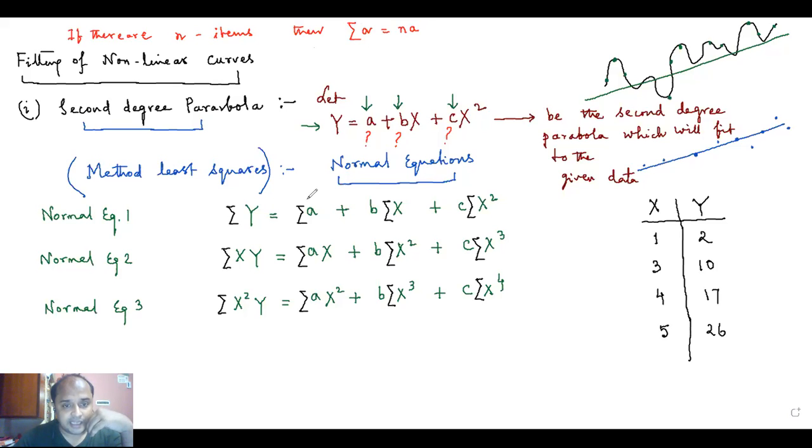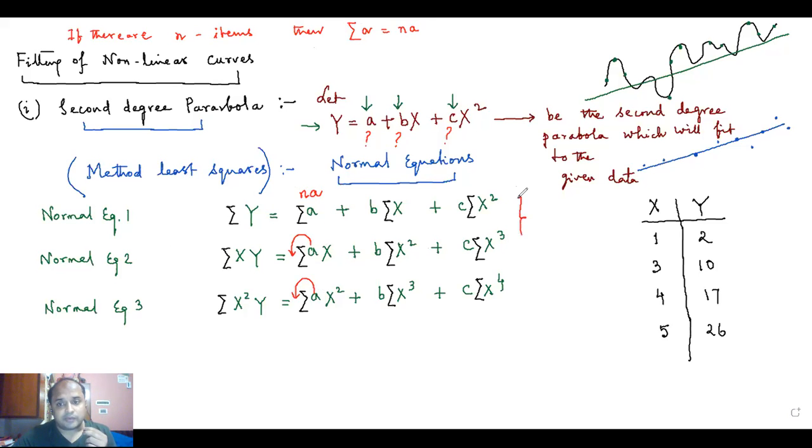So in place of this quantity, we can write na. And here you can take a outside the summation sign, because a is constant. We can take this outside the summation, just like we did in the case of b and c.